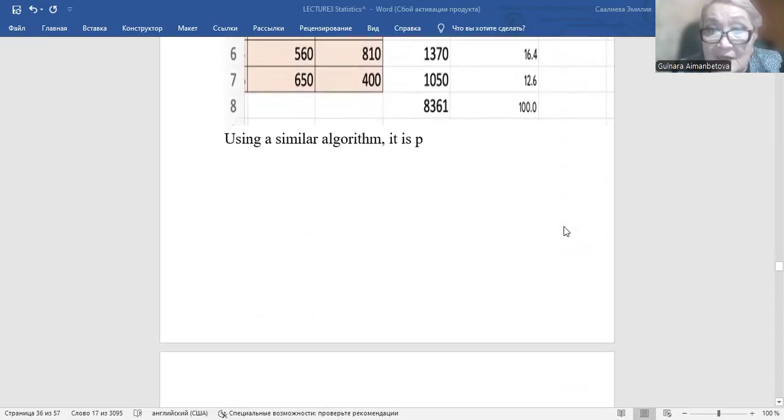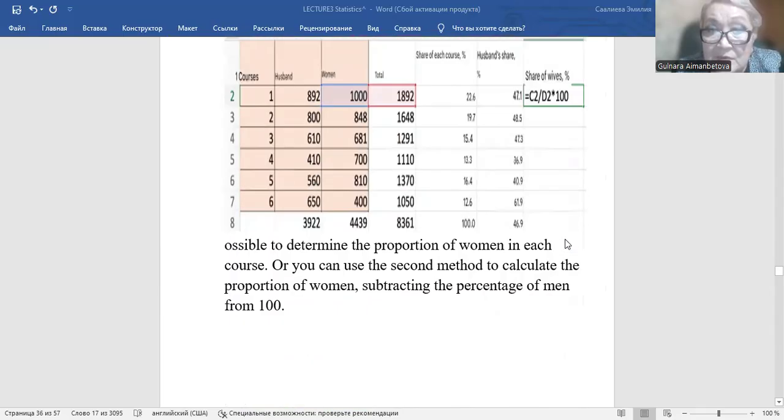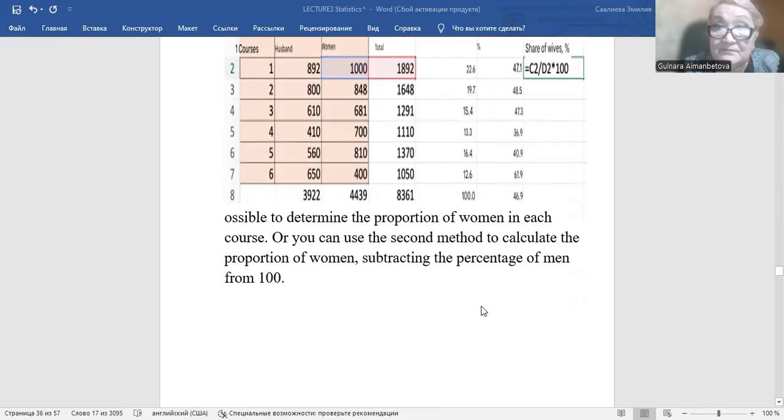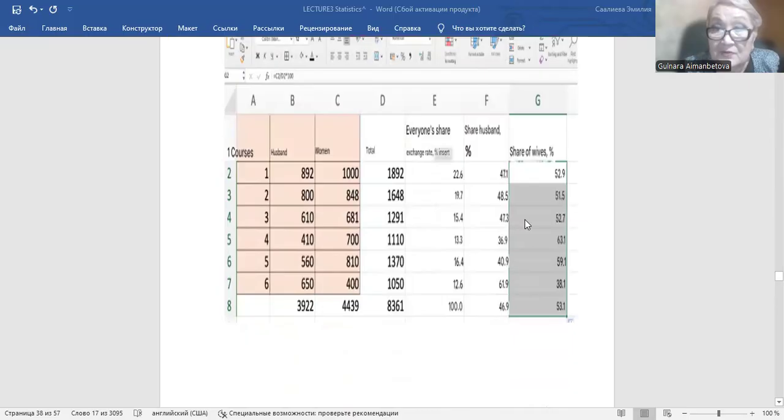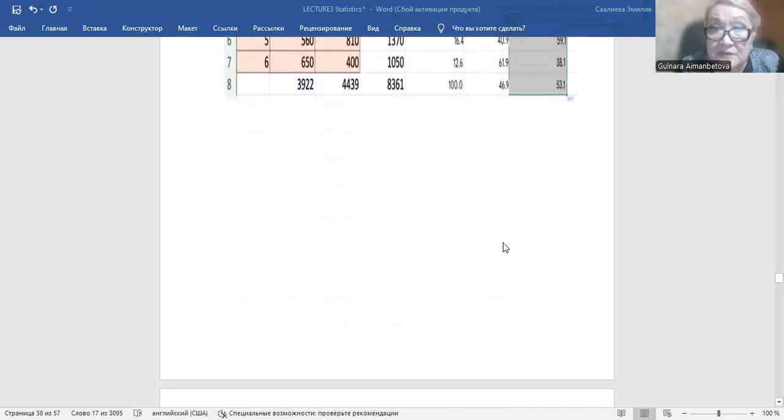Using a similar algorithm, it is possible to determine the proportion of women in each course. Or you can use the second method to calculate the proportion of women, subtracting the percentage of men from 100. 100 minus 47.1, the result is 52.9% of female first course students.